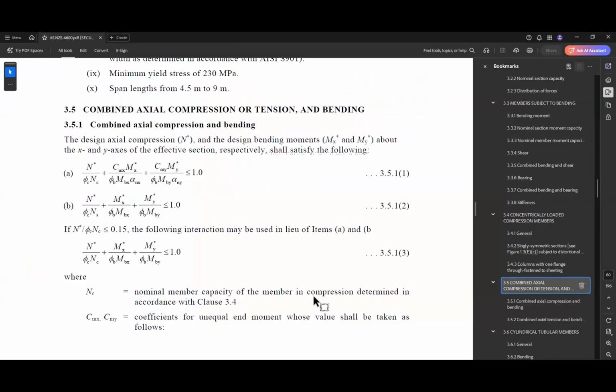So for 3.5, we have combined axial compression or tension and bending moment. 3.5.1 is the combined axial compression and bending. Okay, so let's go to our slides.